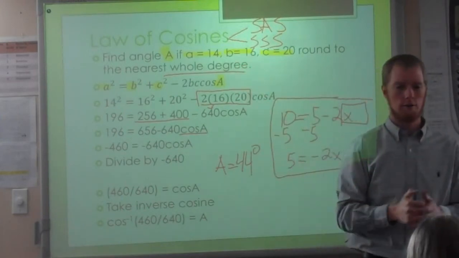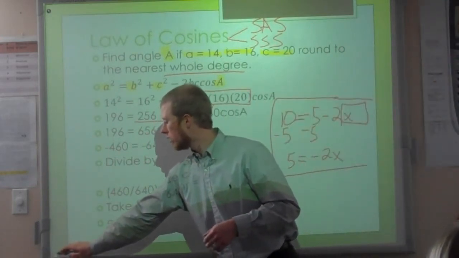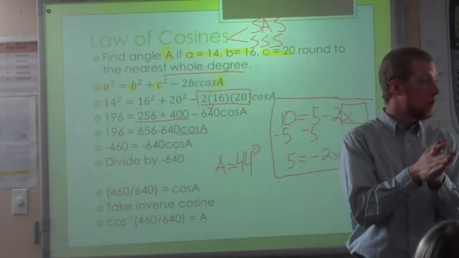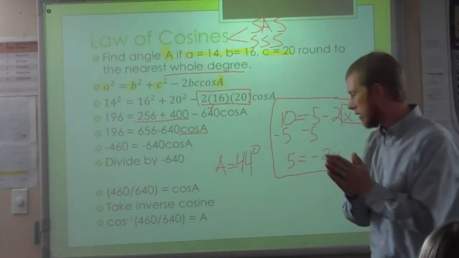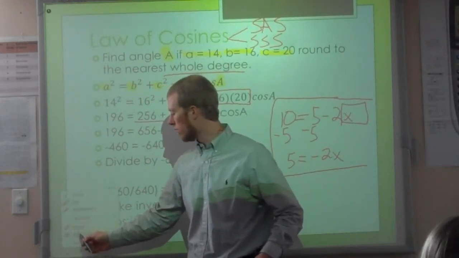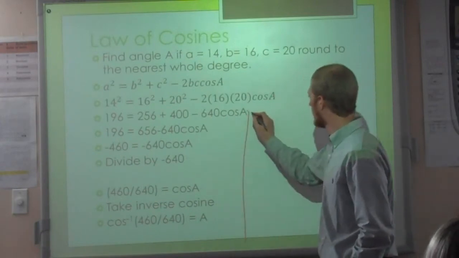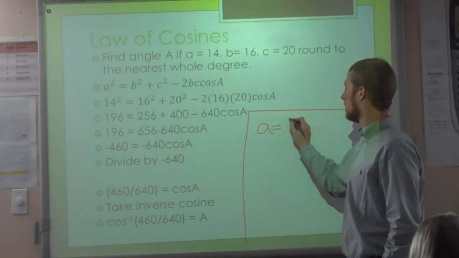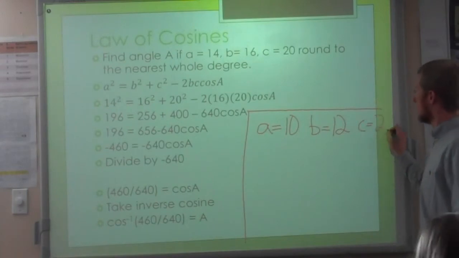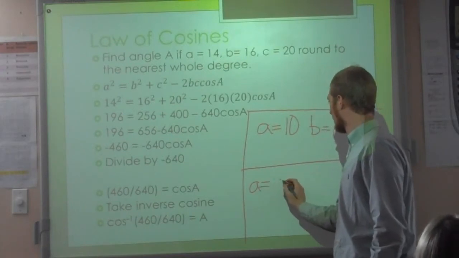Alright, and so what we've done at this point, guys, is look at the law of cosines, and we figured out how to find a missing angle. I'm going to give you 2 to try by yourself in your notes. Okay, so you're going to try these 2 problems. Problem 1. What are we solving for? I will tell you in a second.